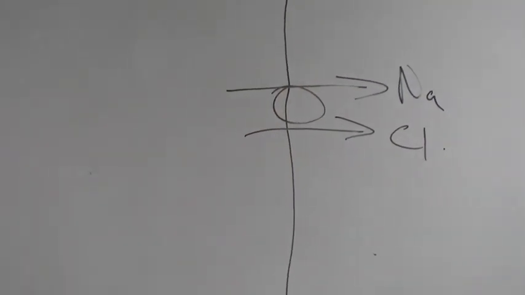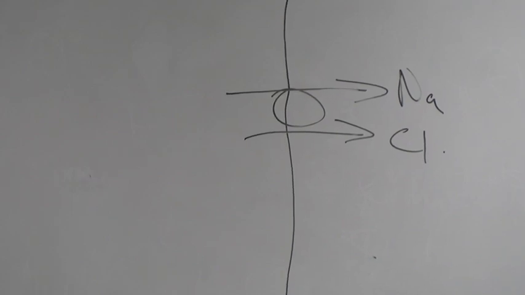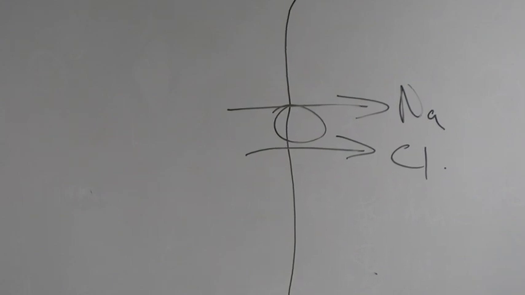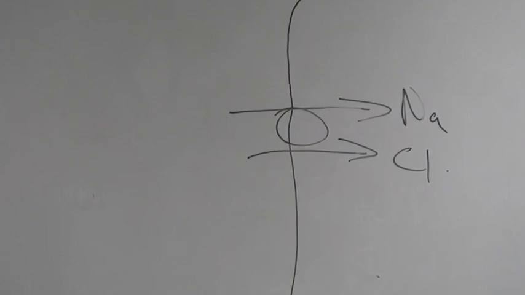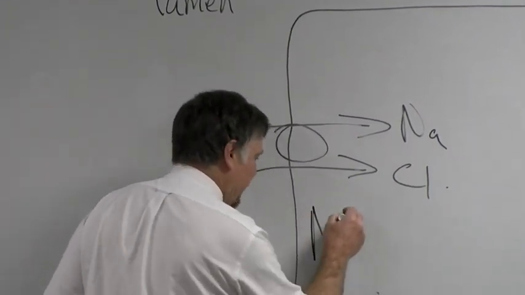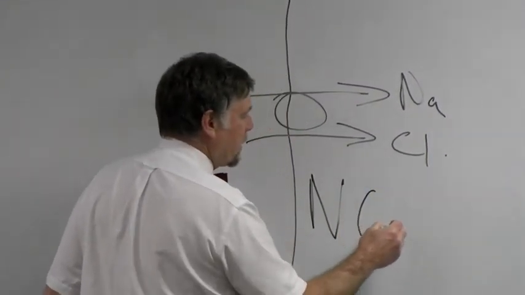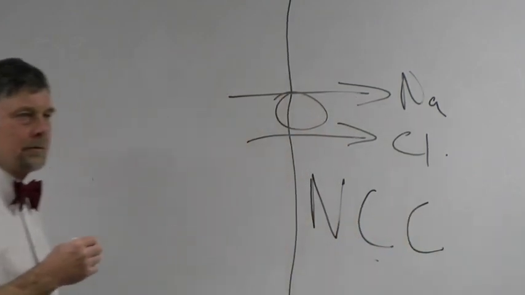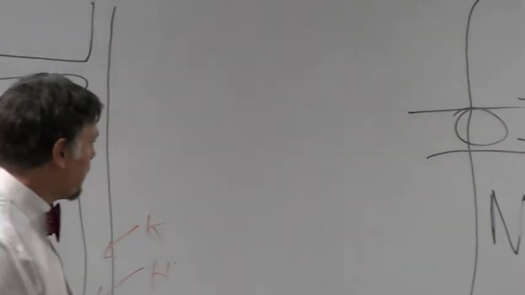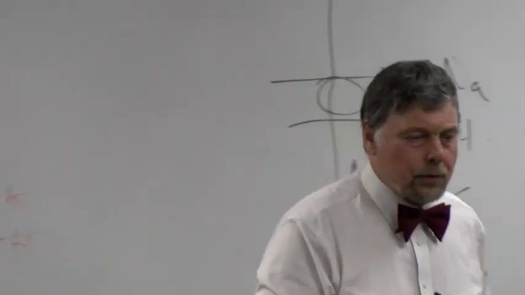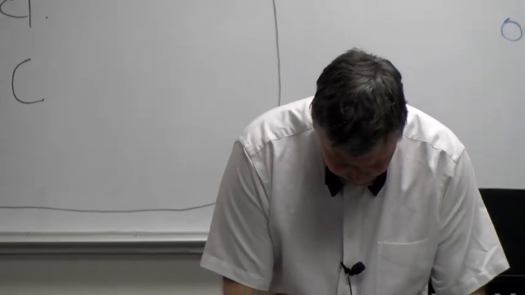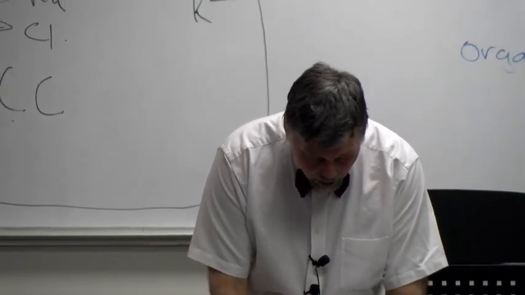We'll go through some of the implications of this again later, but a very simple sodium chloride co-transporter. And you will often see this abbreviated as sodium chloride co-transport, NCC. And normally I talk about some other things, but I think I'm just going to leave that there for right now.